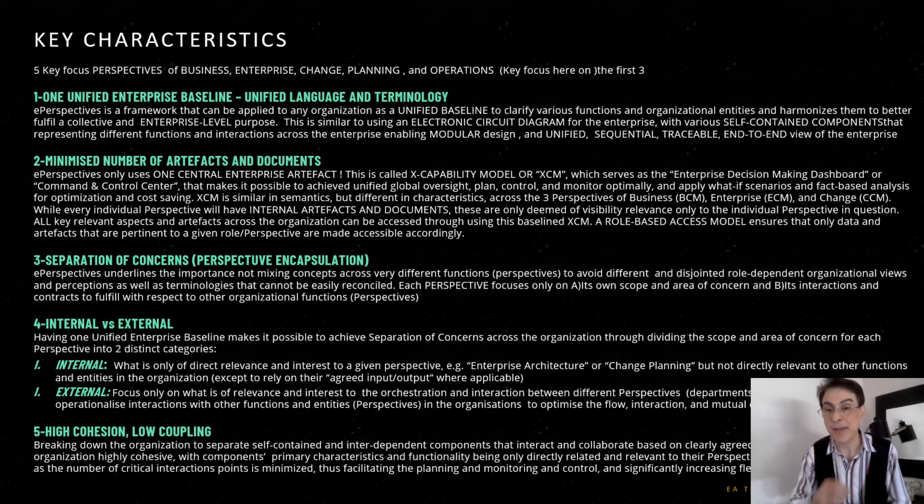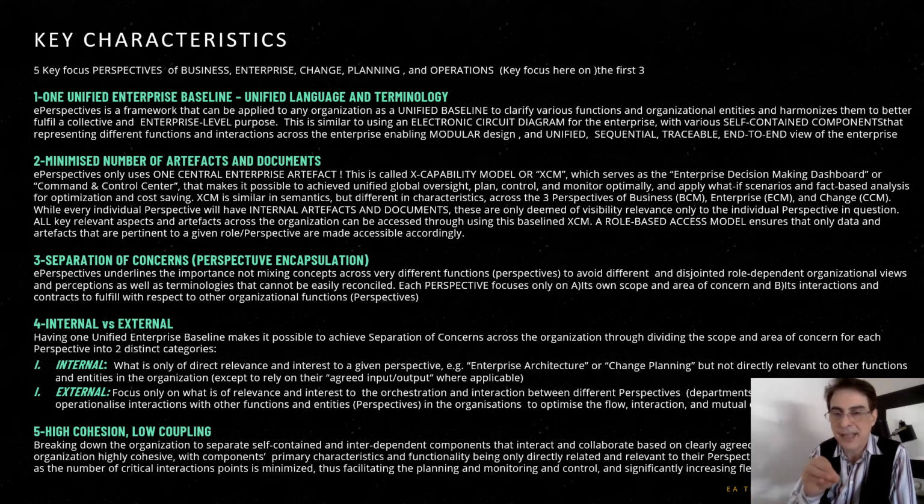Now, each one of them is considered internal to the enterprise perspective, right? And nothing about it, therefore, needs to be shared with the business perspective. Whatever those sub-perspectives do internally is not important for us.